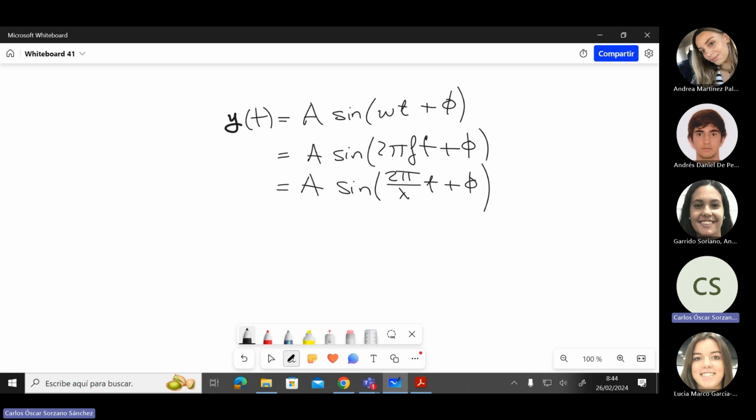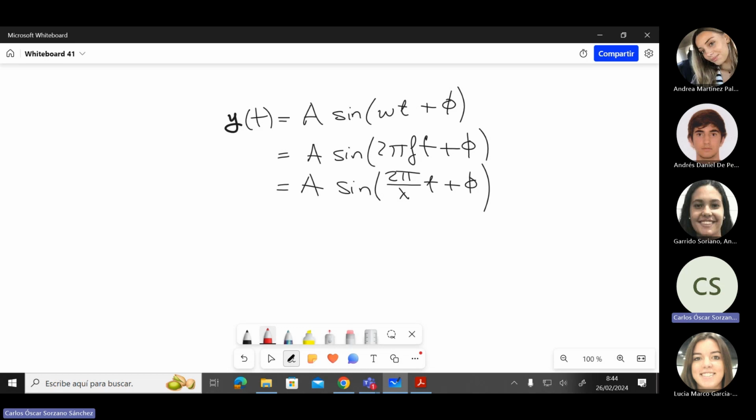Okay, so let's put units to things. Let's say that y doesn't have any unit. So what about A? Does it have units or not? A should have the same units as y. So if y doesn't have units, A doesn't have units either.